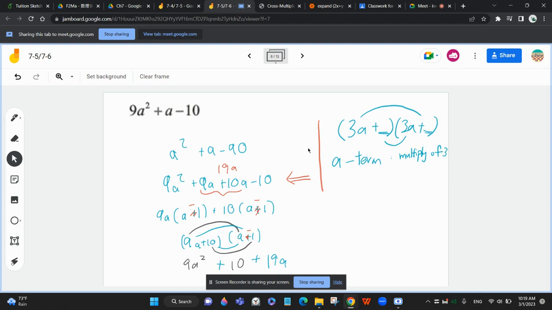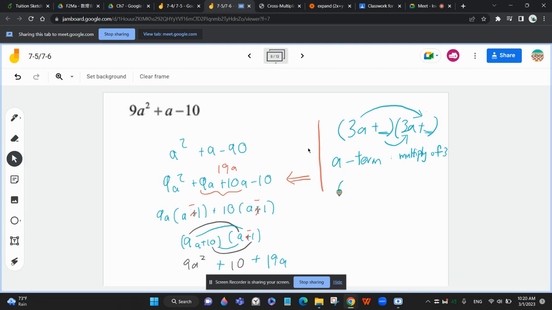Because if we have a 3 here and a 3 here, and we multiply them out, the inner terms and the outer terms both have a 3. So we add up, we will get a multiple of 3. But in this case, the a has coefficient 1, which is not a multiple of 3. So we may skip to the next expression.